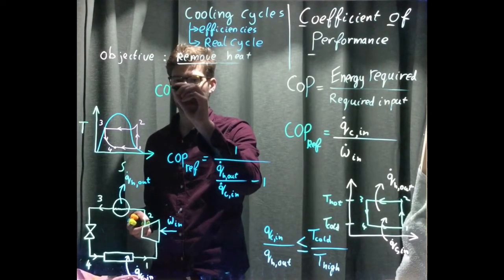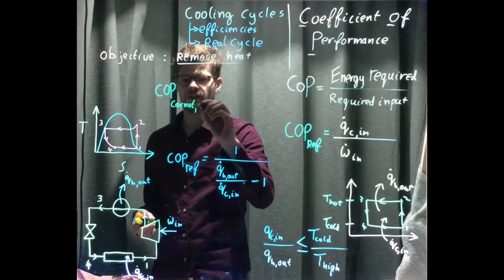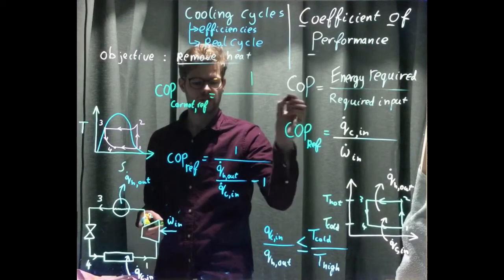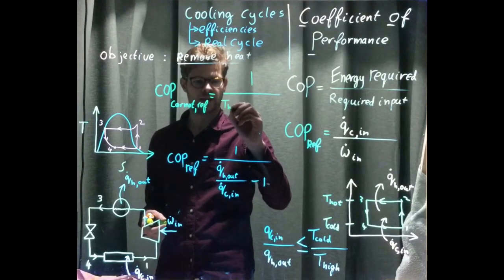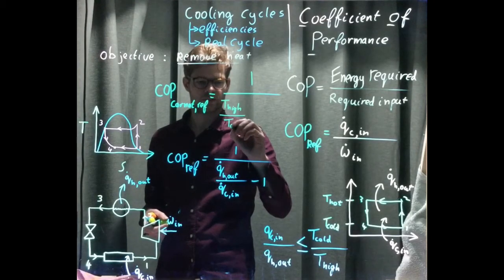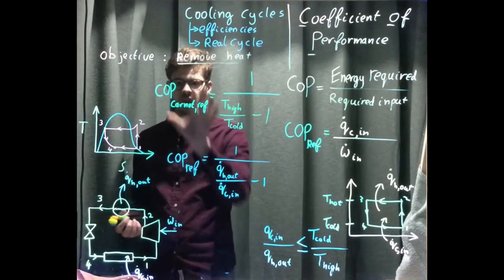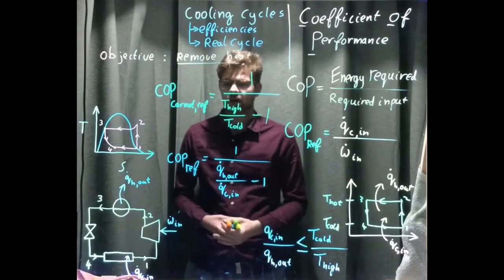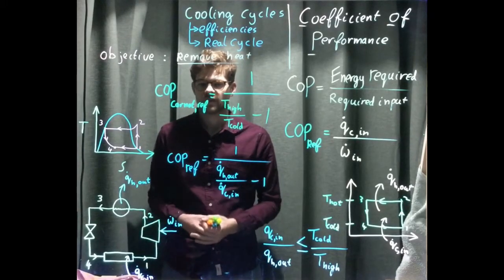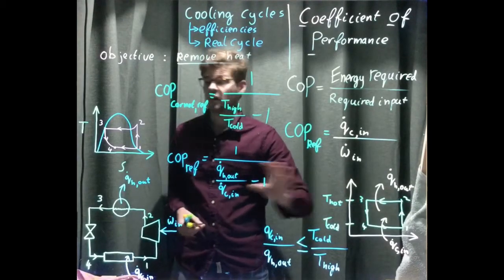The coefficient of performance, Carnot, for a refrigeration cycle is defined as 1 over T high divided by T cold, minus 1. So here we have our Carnot coefficient of performance, which actually is the most efficient case we can have for a cooling cycle.